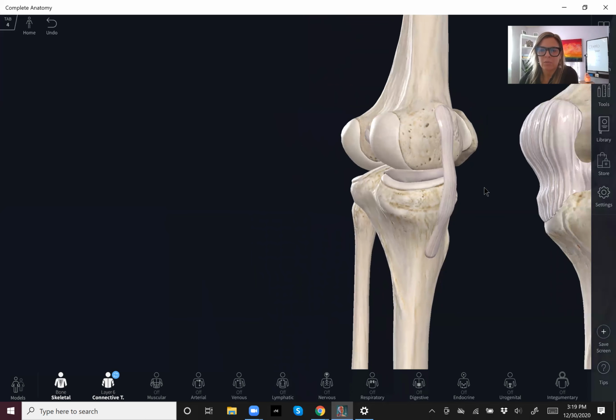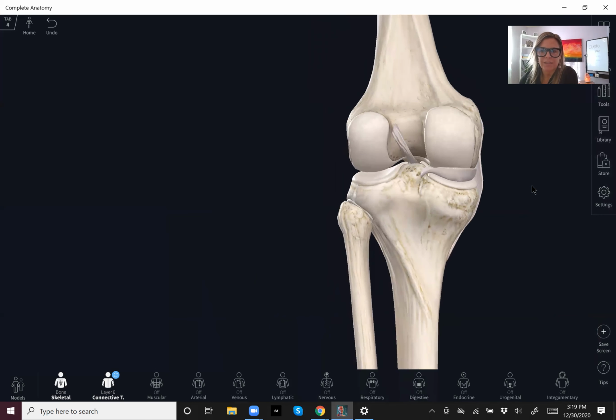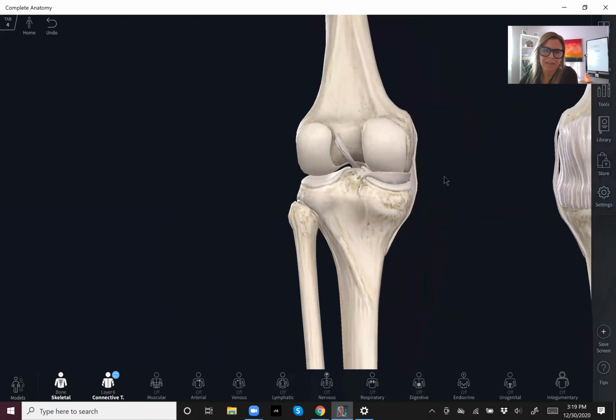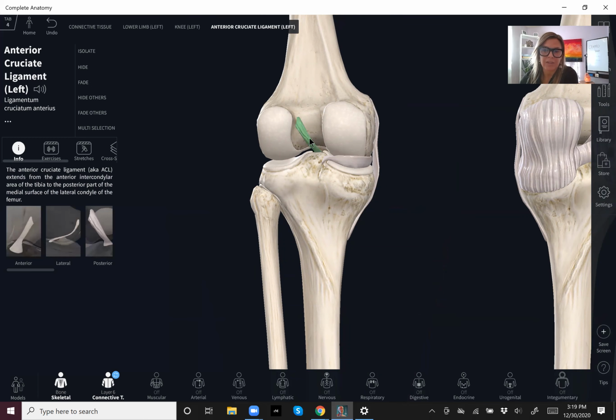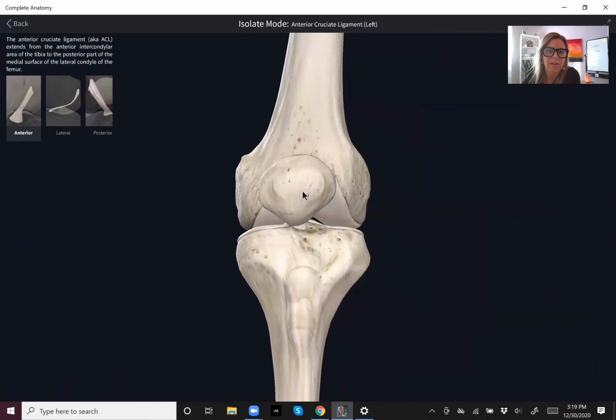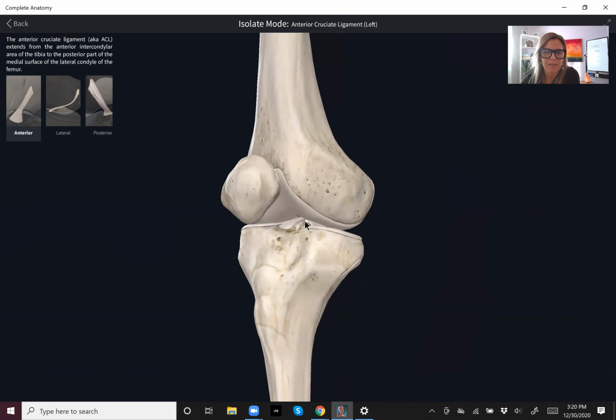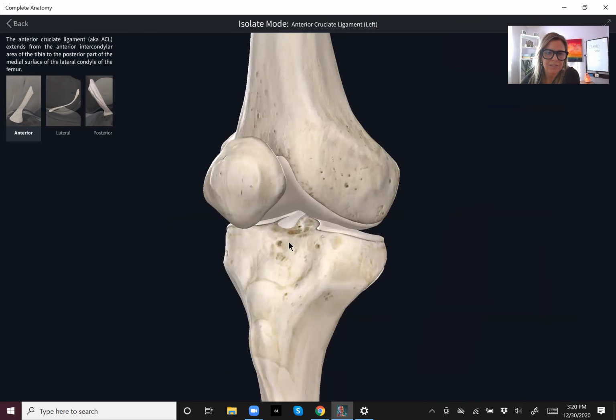The other one you may be familiar with is this guy that sits on the inside. It's called the anterior cruciate ligament, the ACL. Oftentimes the MCL and the ACL are injured at the same time if they're injured. We'll see if we can break it apart here and take a look. It's hard with the patella in the way, but I can zoom in here.